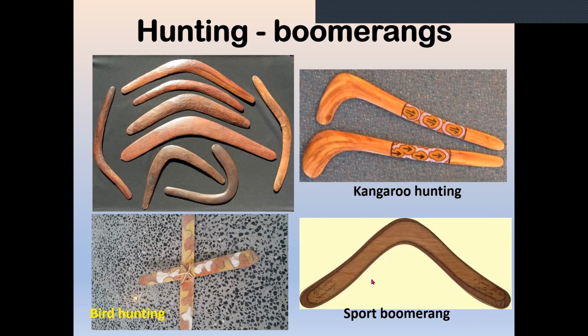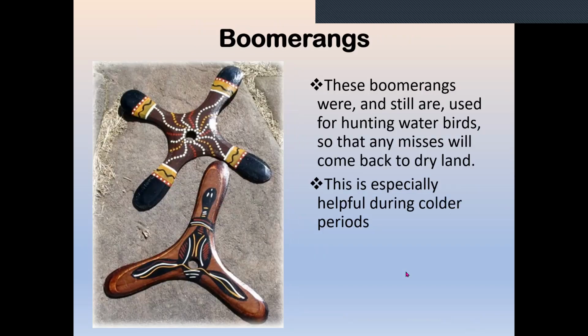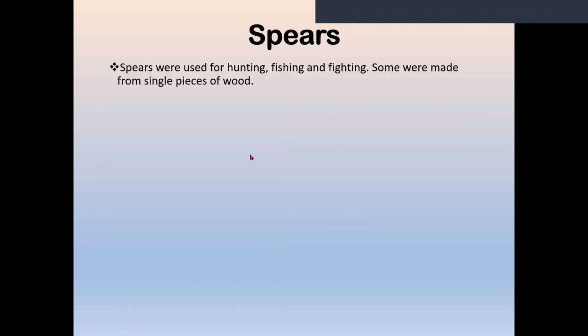And they had sport, who could do what with the boomerangs, and these were specially designed boomerangs. So these ones here are still used for hunting water birds, and it always comes back to dry land, especially when it's cold. That saves them walking through cold water.